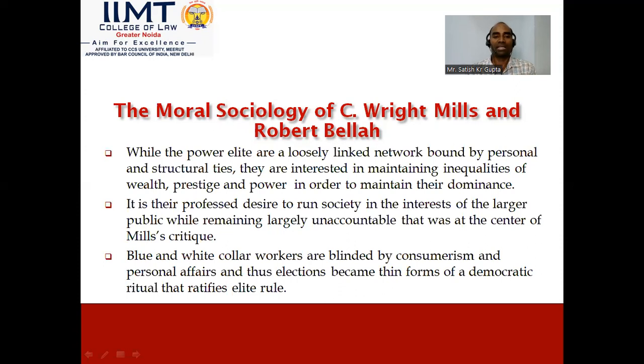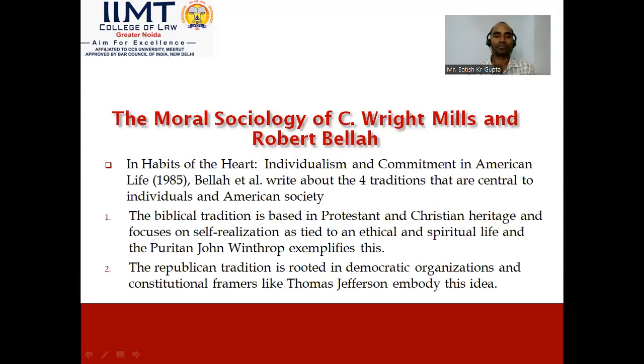So further, we can see the blue and white collar workers are blinded by consumerism and personal affairs, and thus elections become thin forms of democratic ritual that ratify elite rule. Further, in Habits of the Heart: Individualism and Commitment in American Life, in 1985, Bellah wrote about the four traditions that are central to individualism in American society.